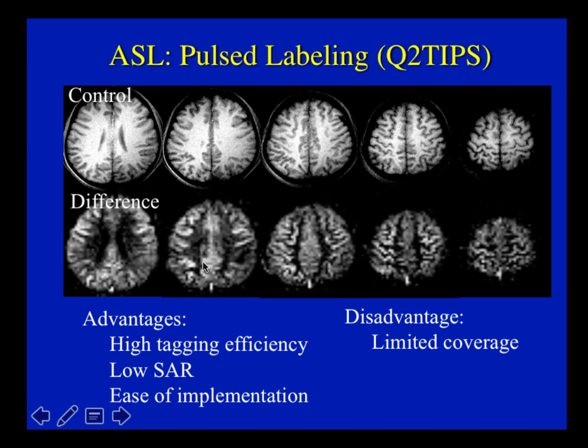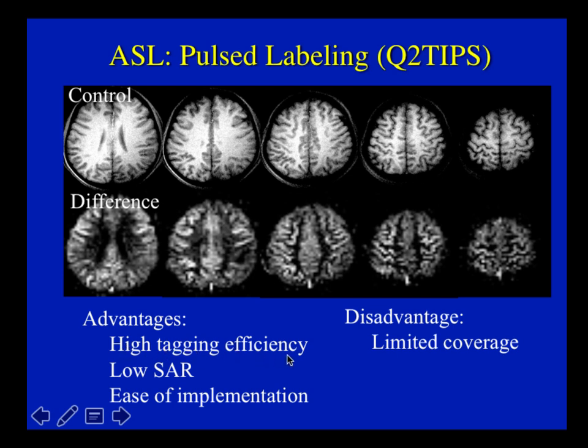As you can see, the gray matter signal intensity is quite high compared to the white matter, representing higher blood flow in the gray matter.